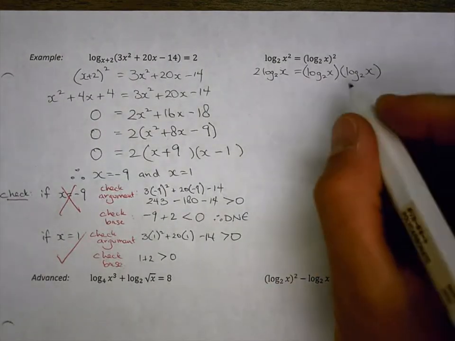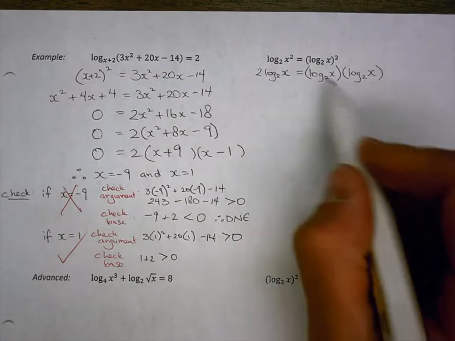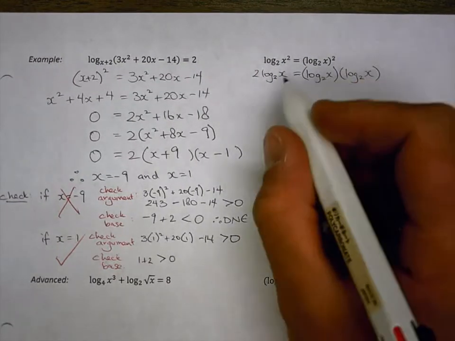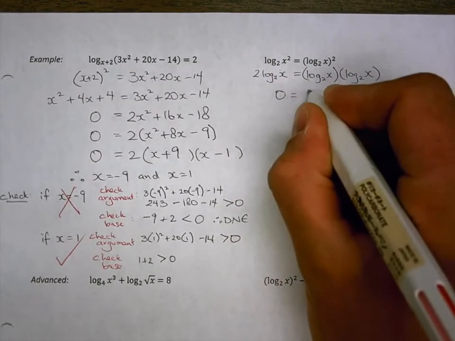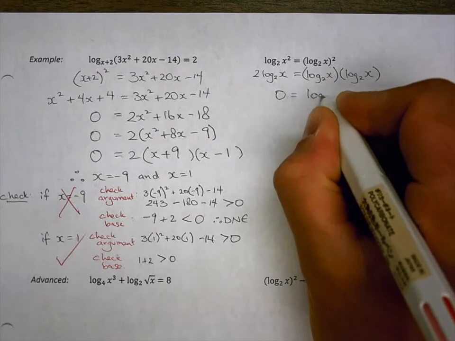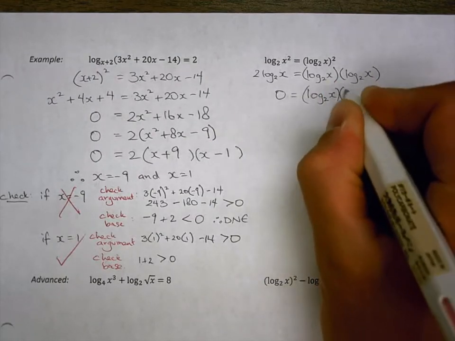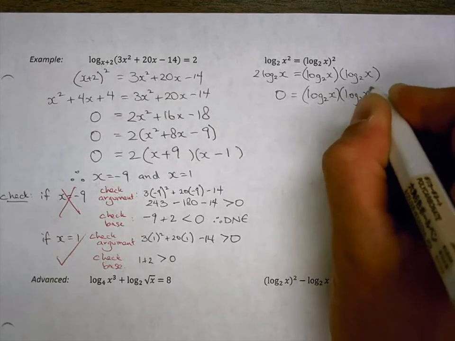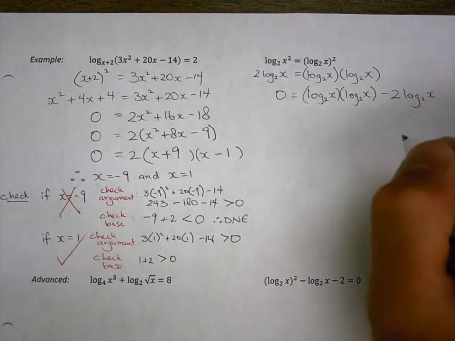This is a tricky question, but that helps me decode these two different squares and the difference in the notation. Let me bring this to the other side. So I'm going to have log x base 2 times log x base 2 minus 2 log x base 2.